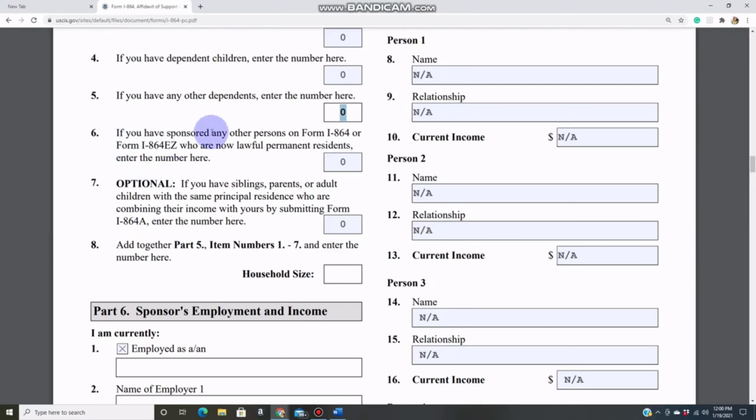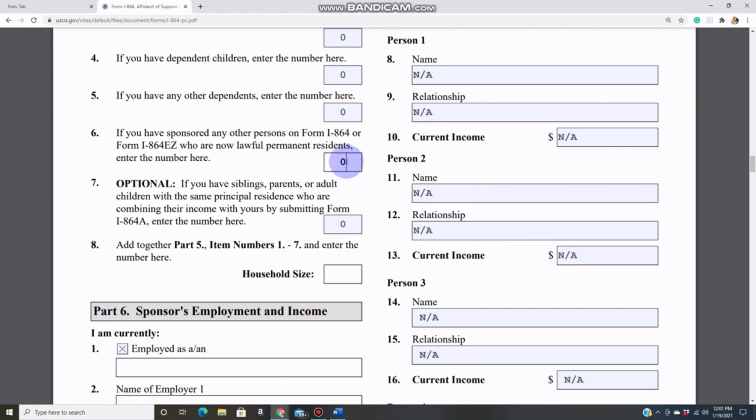Number 6, if you have sponsored any other person on Form I-864 or Form I-864EZ who are now lawful permanent residents, enter the number here. So in this part, if your petitioner, sponsor, or co-sponsor has sponsored a person before, an immigrant who is now a lawful permanent resident here in the United States, the sponsor must write down the number of persons he sponsored before, okay?